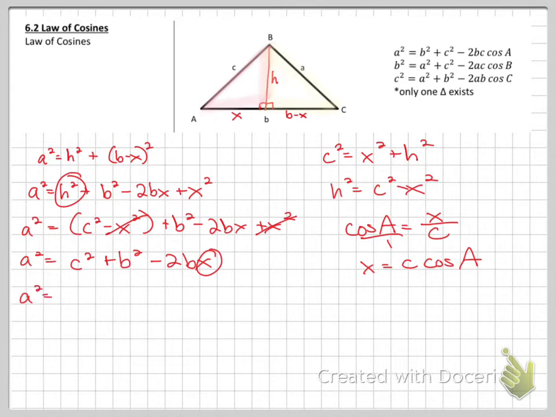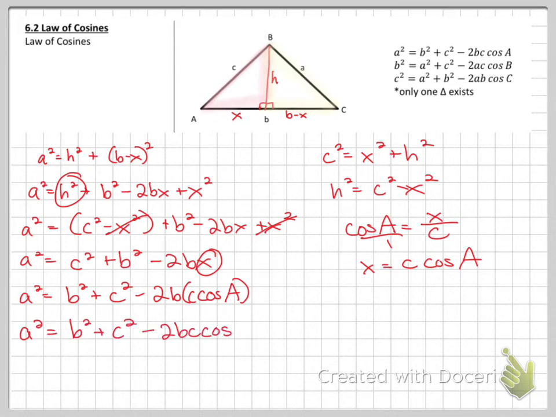So a squared equals, I'm also going to put this in alphabetical order because that's how I prefer it. B squared plus c squared, same thing, right? Minus 2 times b, because that's there, times now I'm replacing it with c cosine a. So neatening this up, a squared equals b squared plus c squared minus 2bc cosine a.